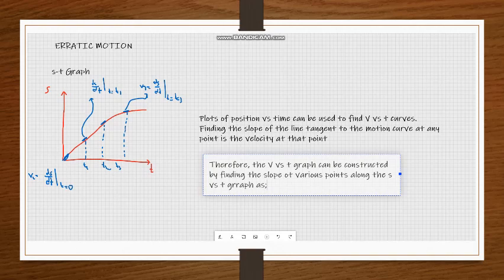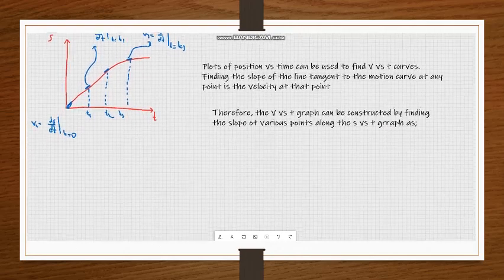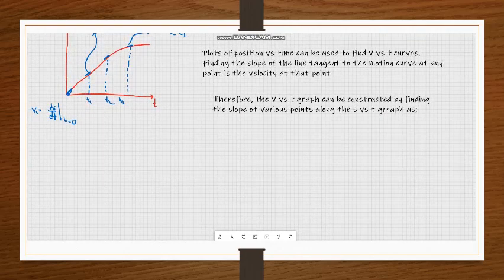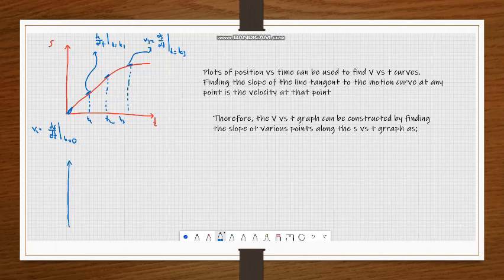So right now we can construct our velocity and time graph by looking at this position and time graph. Let's construct our velocity versus time graph.